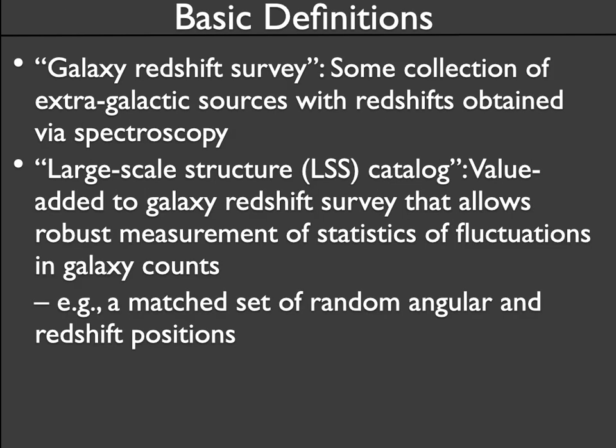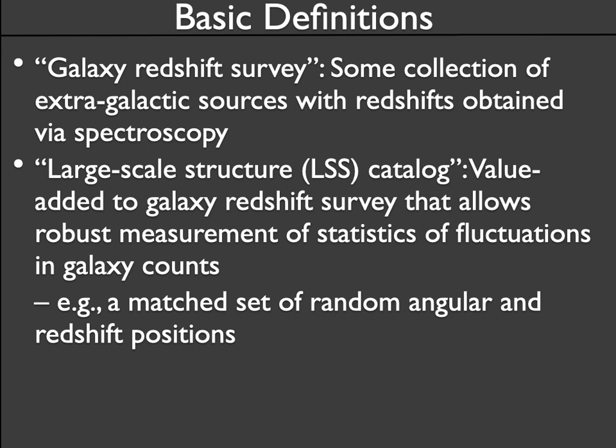So, first, just some basic definitions to get everyone on the same page. A Galaxy Redshift survey is just a collection of observed redshifts. So we have the angular positions and the measured redshifts for some set of extragalactic sources.